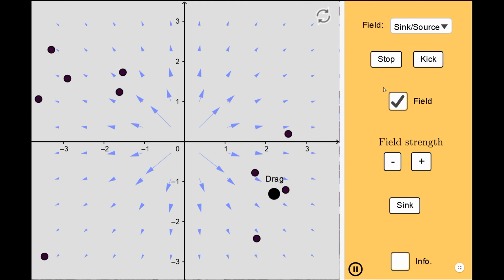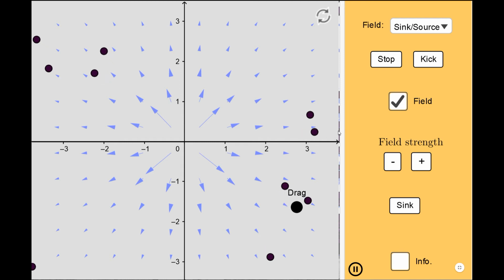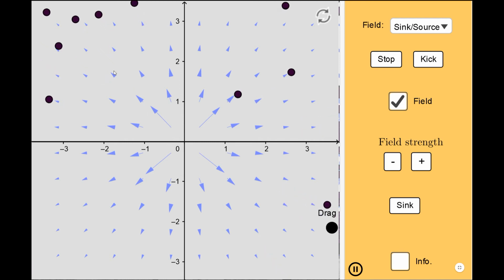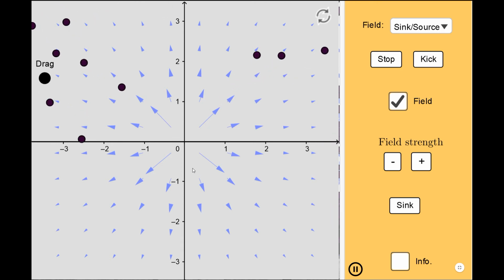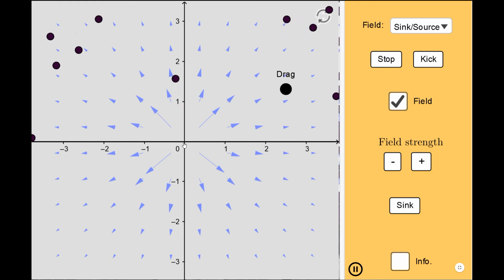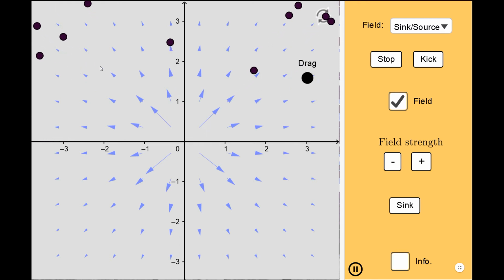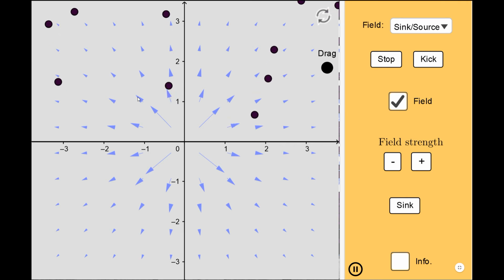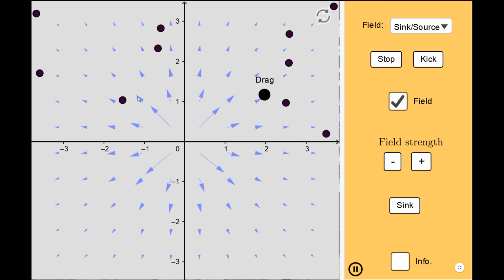No matter where these points are, they flow away from the origin, actually in this case in a straight line. So all these vectors point directly away from the origin. So the flow curves here would be rays that start at the origin and then go out. You know, basically lines, half lines coming out from the origin.